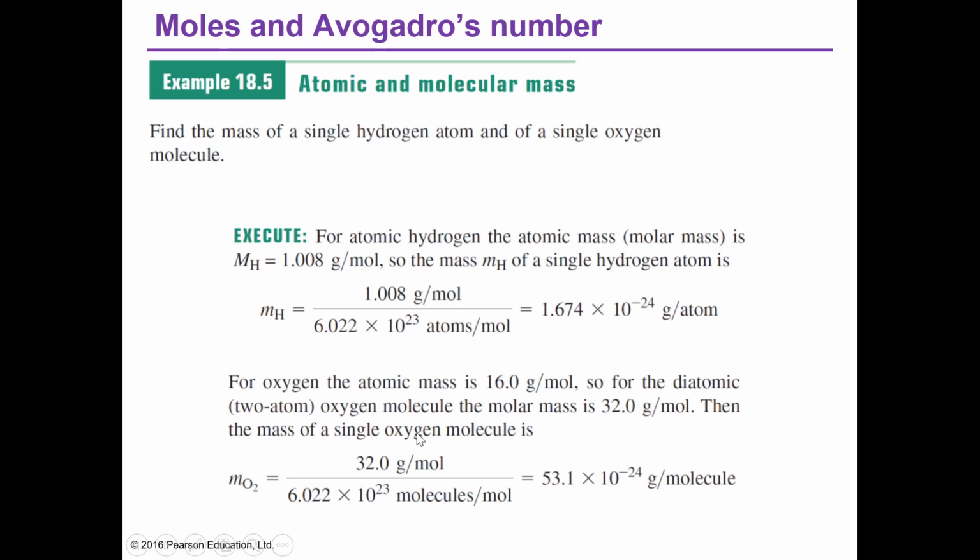Then the mass is equal to, using that equation for molar mass, molar mass over the Avogadro's number, you will get the mass of your single oxygen molecule. Take note, an oxygen molecule contains two oxygen atoms. So that is why we have O2. O2 is oxygen gas. Okay?